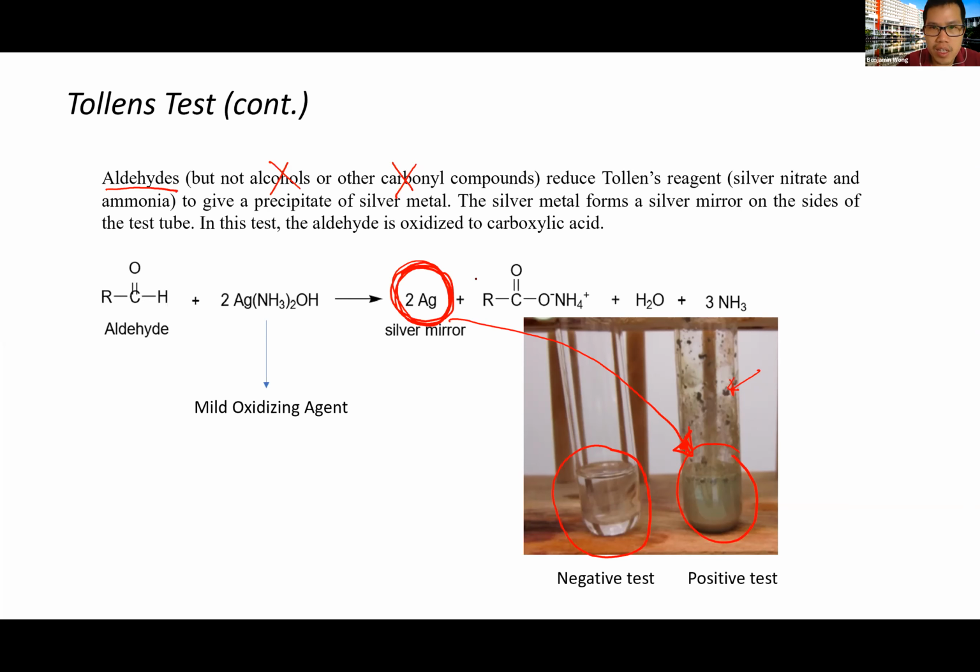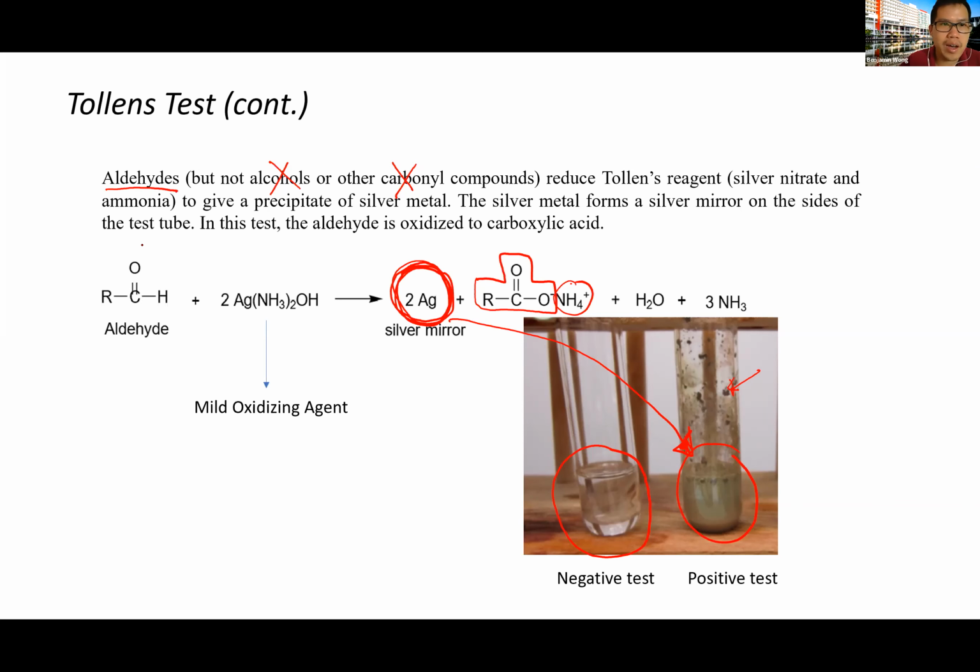So you can see from here, after oxidation, what happened? You change from an aldehyde to a carboxylic acid here. You can see over here, COO minus. Usually it's COOH, but in this case they have reacted with the ammonia already, that's why it's COO minus. That's why the addition of ammonia is very important in this case. You cannot use just the silver nitrate solution.